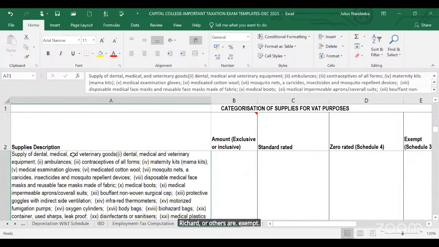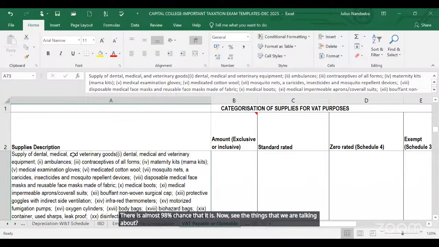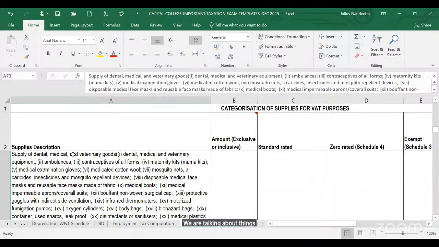Supply of dental, medical, and veterinary goods. You can't fail to have something in this list. But if you can remember them, I told you if anything is attached to the hospital, there is almost 98% chance that it is exempt. Now see the things that we are talking about. We are talking about things like, for example, dental, medical, or veterinary equipment.